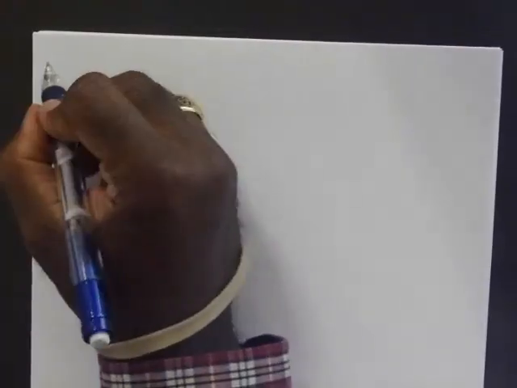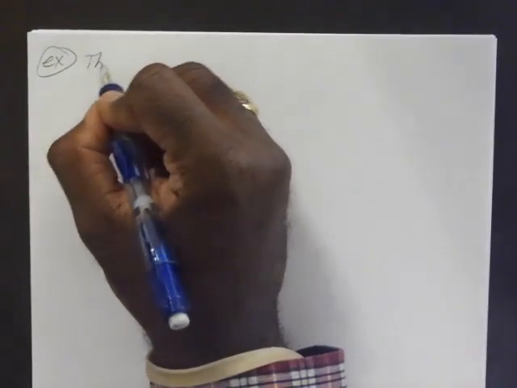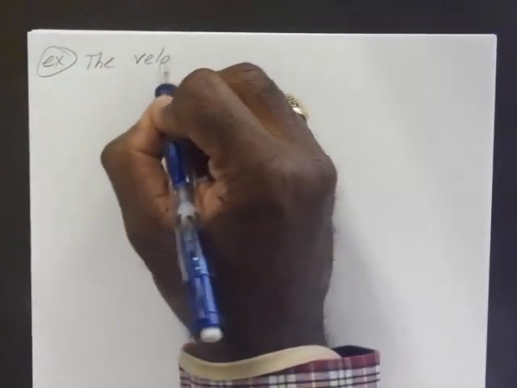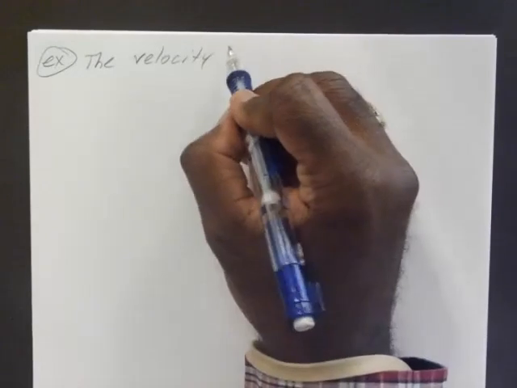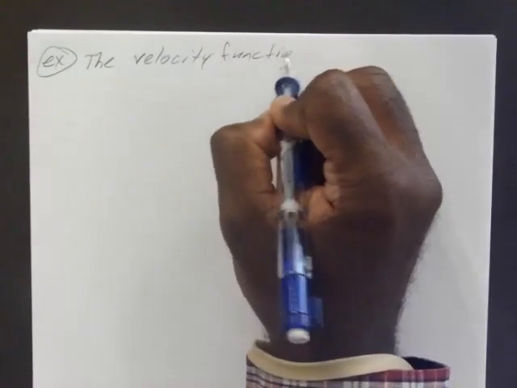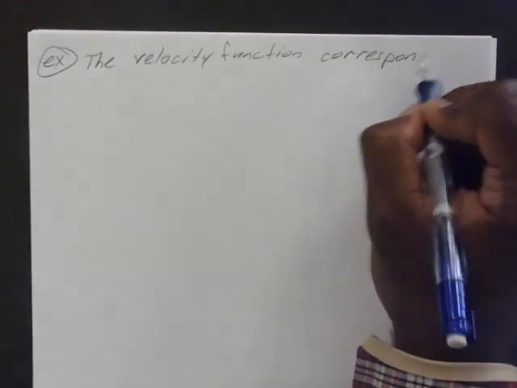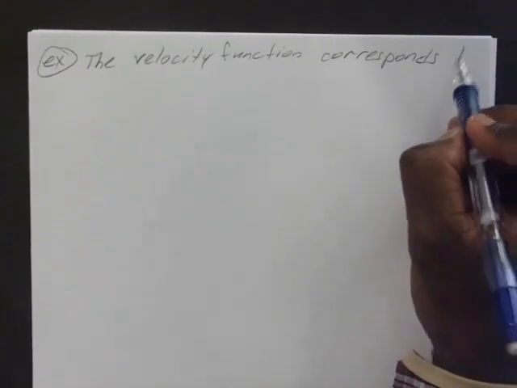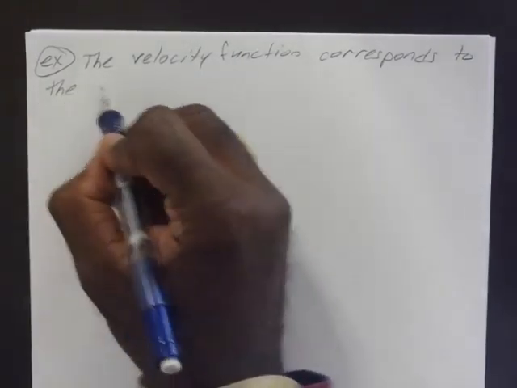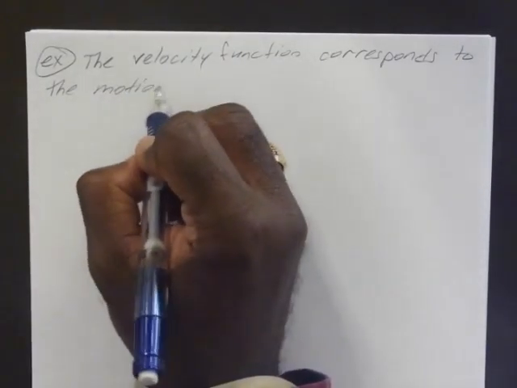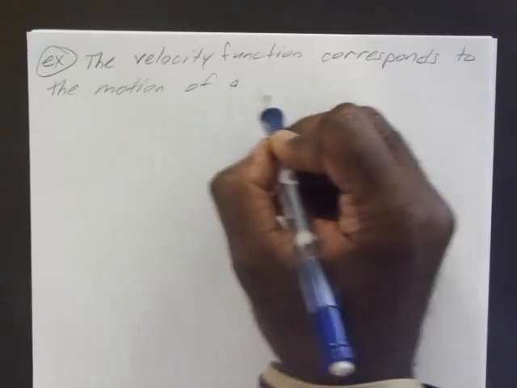So what if your velocity changes on a certain interval? What if we know that the velocity function corresponds to the motion of a particle?